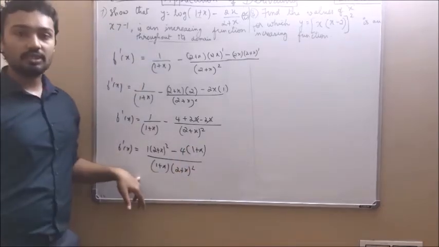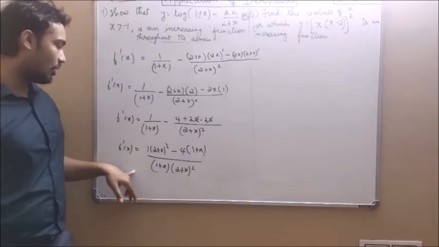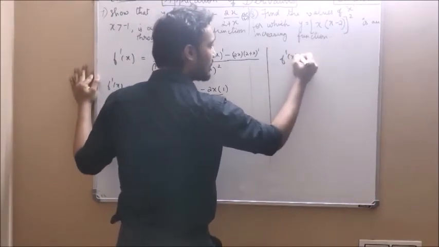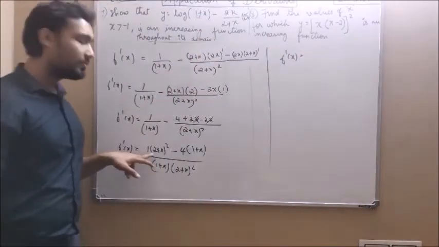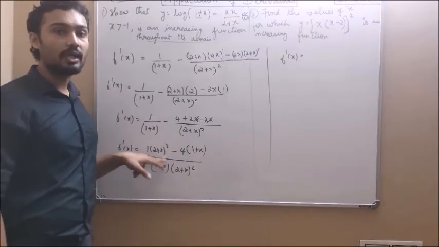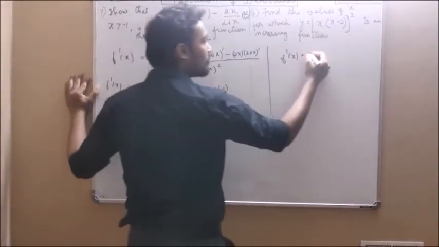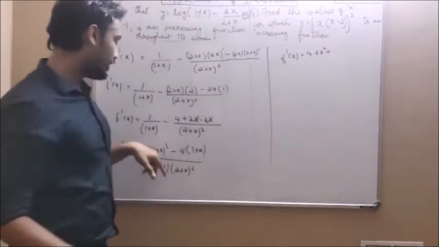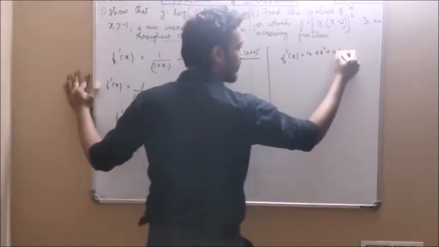What is (2 plus x) the whole square? A square plus b square plus 2ab, so 4 plus x square plus 4x.